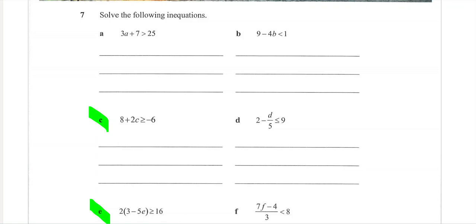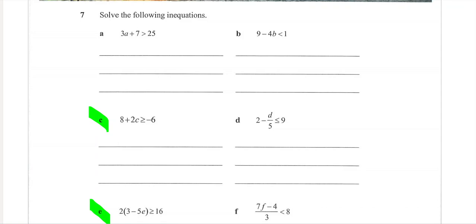Then the inequality sign will turn around. So if it was a greater than sign, it will become a less than sign. The other time you turn it around is if your x or your pronumeral is on the right-hand side and you want it over on the left, so you switch sides. Then you would need to turn the sign around as well. Okay, but that one probably won't happen very often.